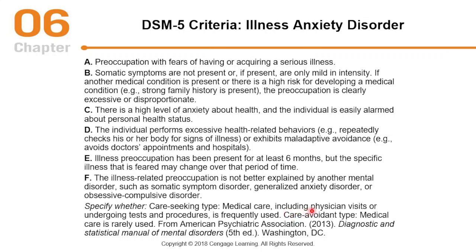And then we also have the care avoidant type wherein ito yung ayaw naman magpunta sa hospital or natatakot magpa-appointment sa doctor kasi nga ang fear naman nila, or usually they fear that the doctor will confirm that they have that illness that they are thinking that they have.